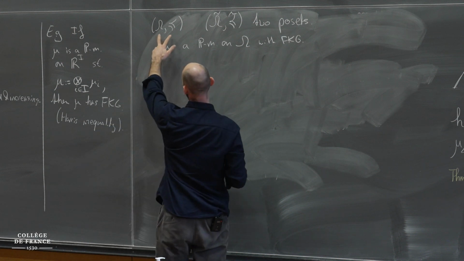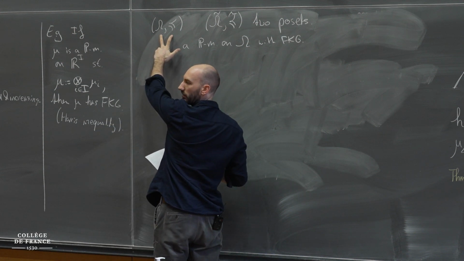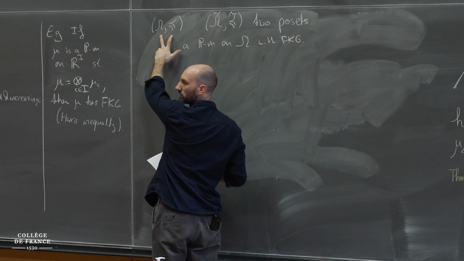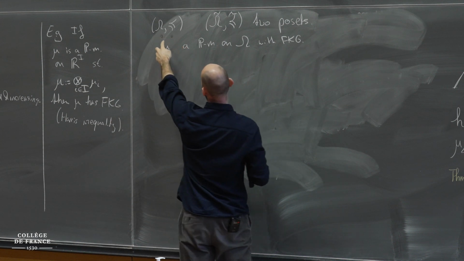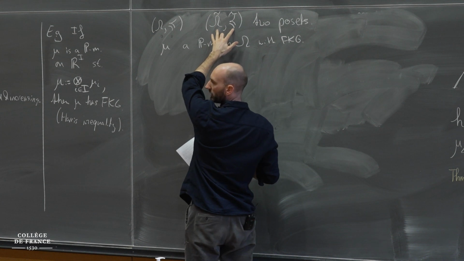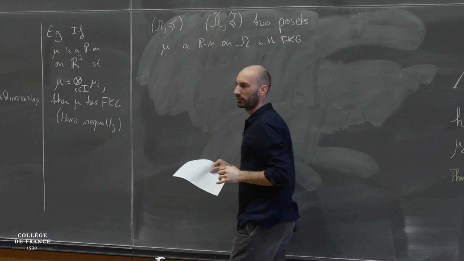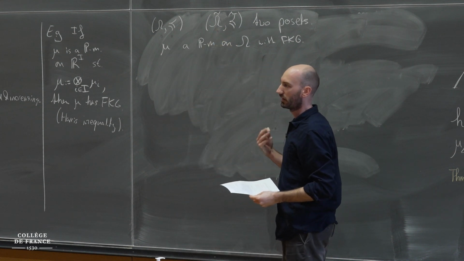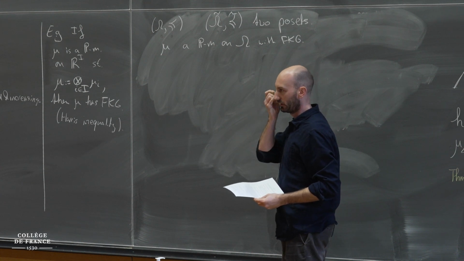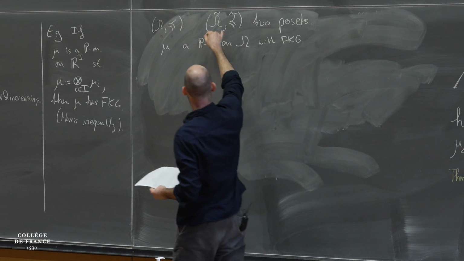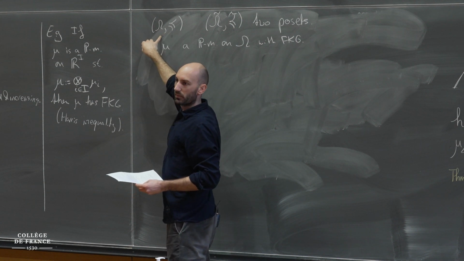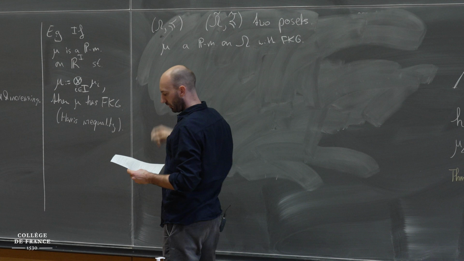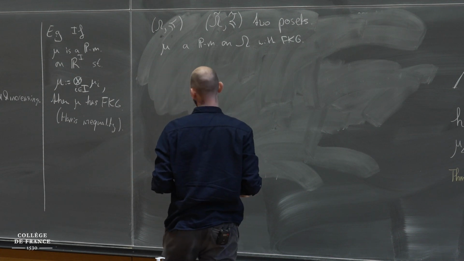We're first going to consider a probability measure on omega, but then we're going to consider for each point in omega a probability measure on omega tilde. And you can think about this as a conditional probability, right? So to sample from omega tilde, first you sample something from omega, and this gives you a conditional probability that allows you to sample from omega tilde.